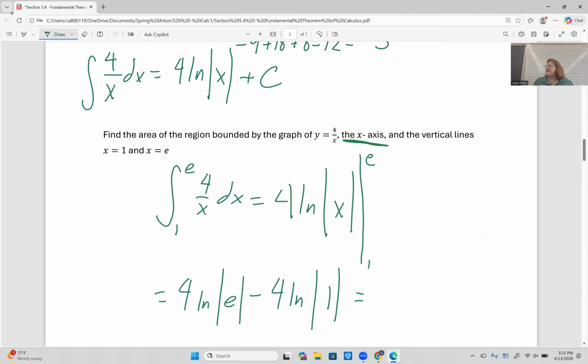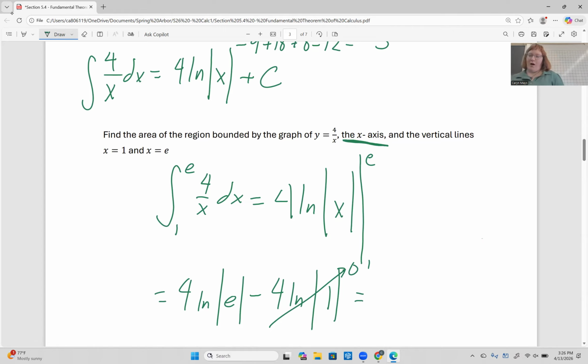Because that is saying e to what power gives us 1? E to the 0 gives us 1. So this is 0. Again, plugging in that lower bound often goes away. What is the natural log of e? The natural log of 1 was 0. The natural log of e is 1.